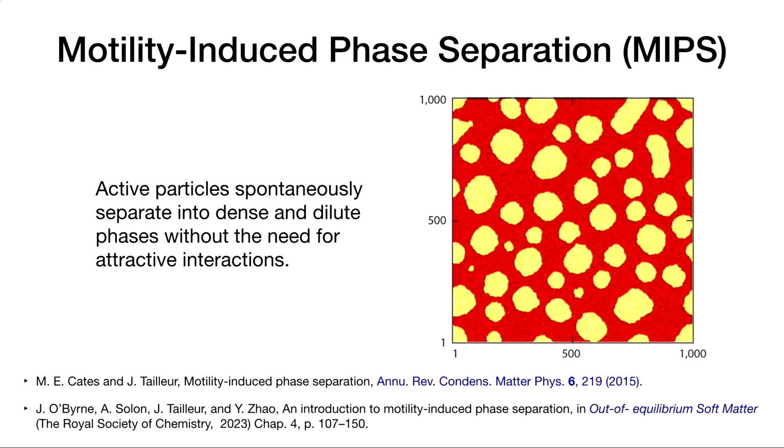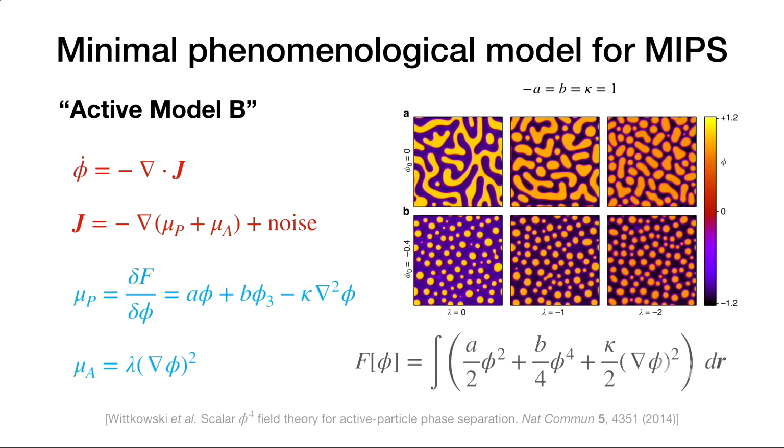Okay, so there are some reviews, you can look at it. Okay, so the minimal phenomenological model which describes this kind of motility induced phase transition is called active model B. So without this mu A, it is model B, where basically this one chemical potential you can derive from a free energy functional, and the free energy functional is something like that.